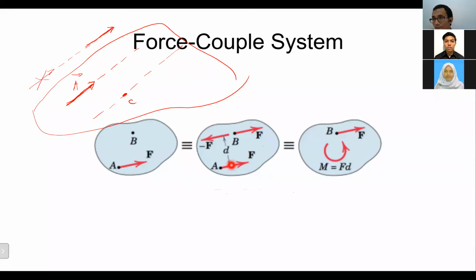So we cannot move it freely. But can we move it or not? The answer is yes, we can, but with consequence.